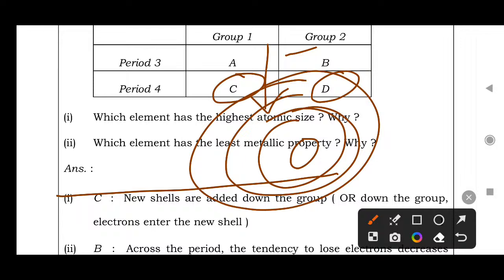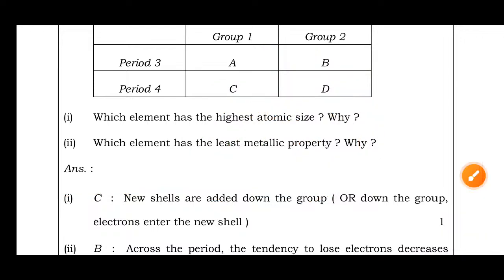The charge of electrons is negative and the proton charge is positive, so attraction occurs in between and the radius of the atom decreases. That's why compared to D, C has a larger radius. That's why the element with the highest atomic size is C compared to D. Both are present in the same period only. Down the group, the size of the shell increases.